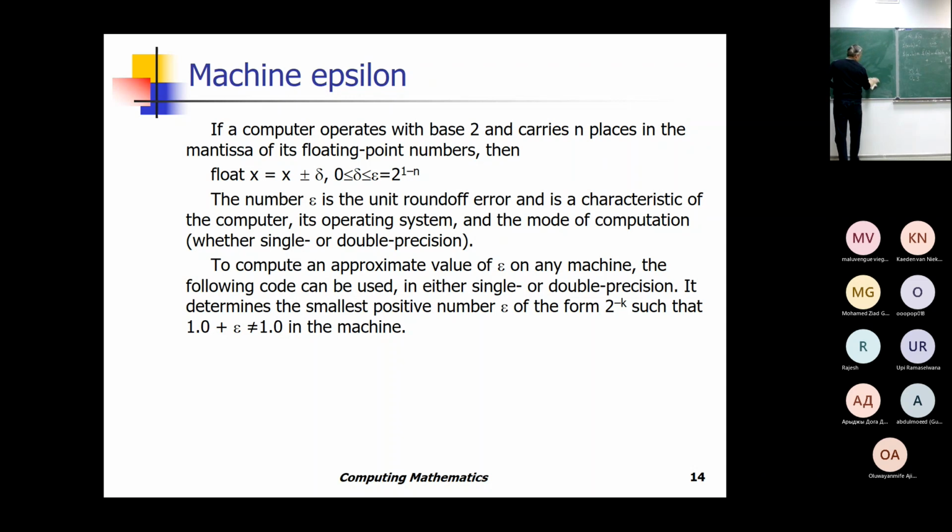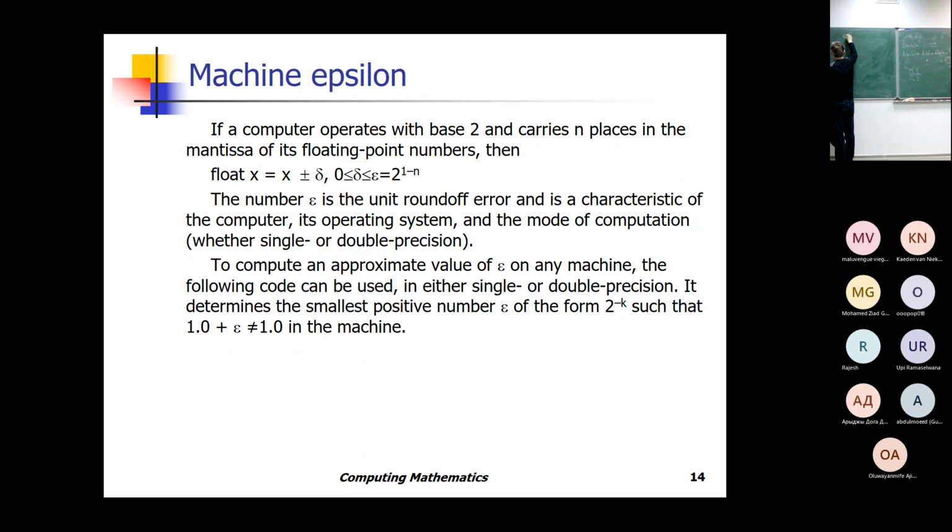The idea of the algorithm that helps us to evaluate the machine epsilon is as follows. Let's consider this epsilon in a form of 2 power minus k.